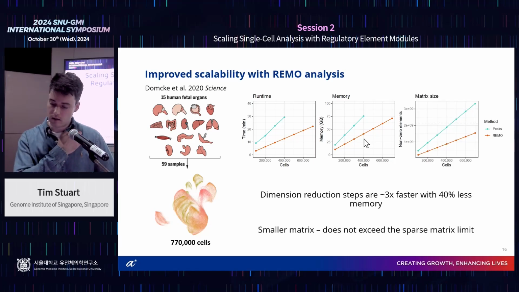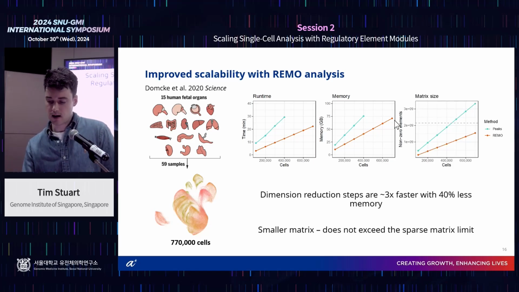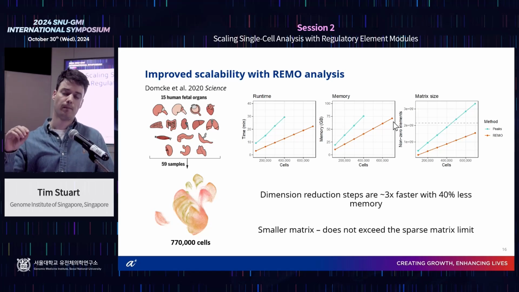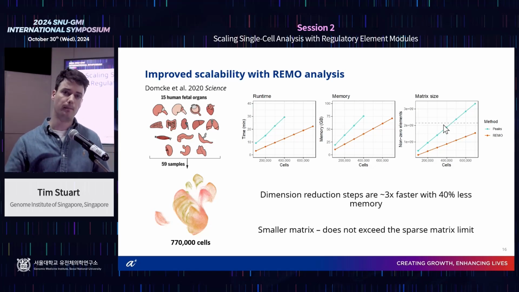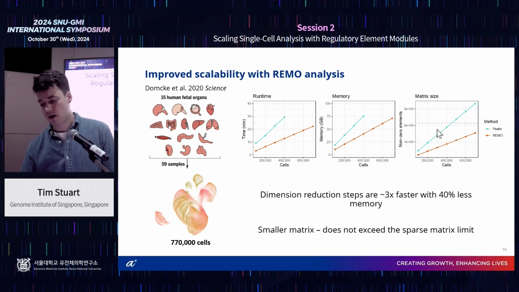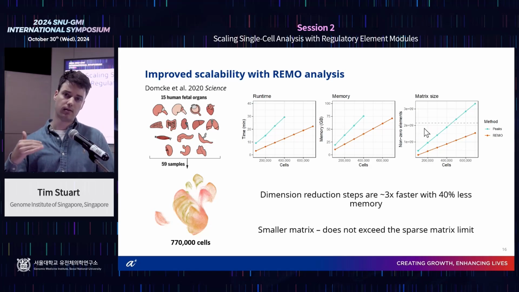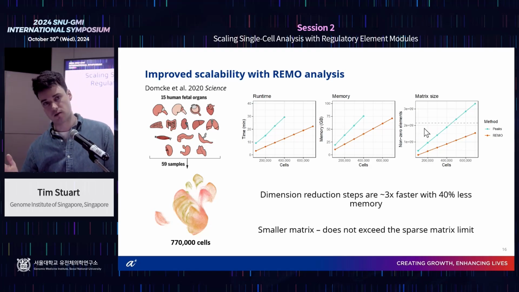And then, the other really important point is that because the matrix size for the REMO modules is much smaller, and there's actually a limit to how big a sparse matrix of a particular class, the more commonly used class, can be in R. When you use the peak matrix, you hit that limit at just over 400,000 cells.